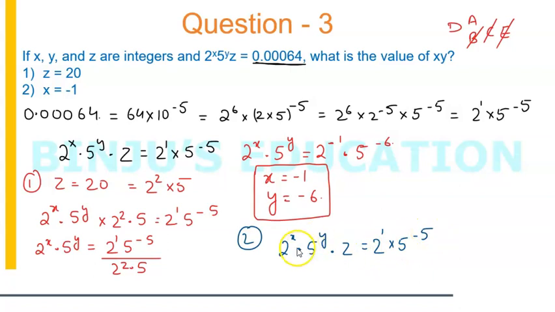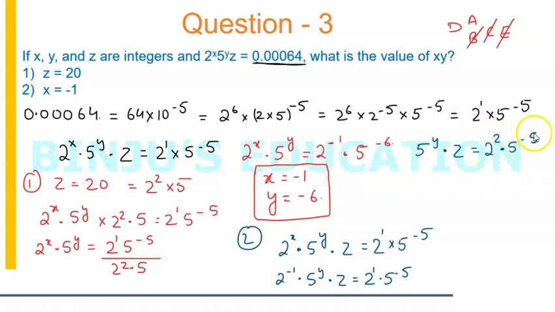Now if x is negative 1, then I should get 2 to the power negative 1 into 5 to the power y into z is 2 to the power 1 into 5 to the power negative 5, which means 5 to the power y into z will basically be equal to 2 square into 5 to the power negative 5.